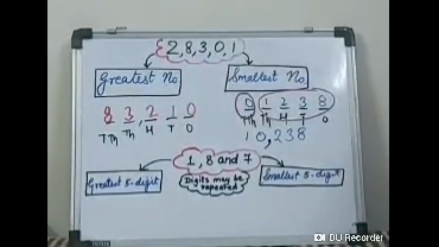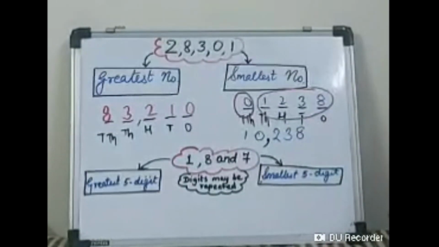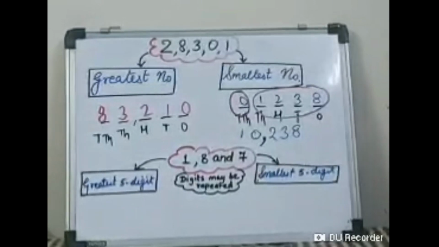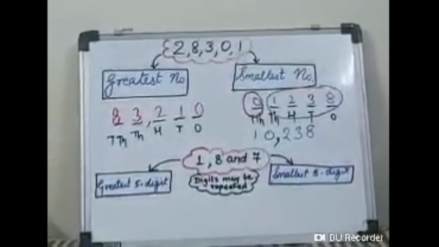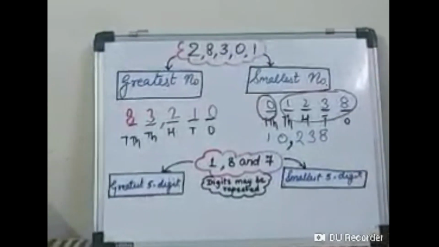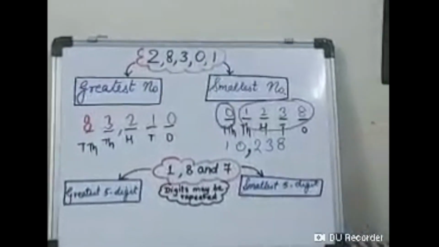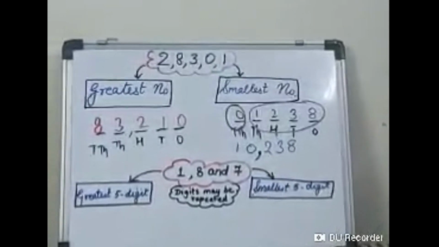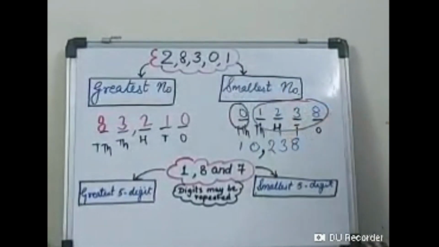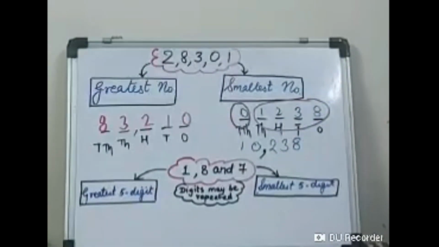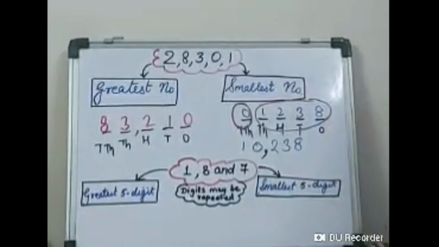So remember, whenever you have a 0 in the given digits and you are asked to construct the smallest number, 0 will not come at the beginning of the number as it has no value. Okay, children?